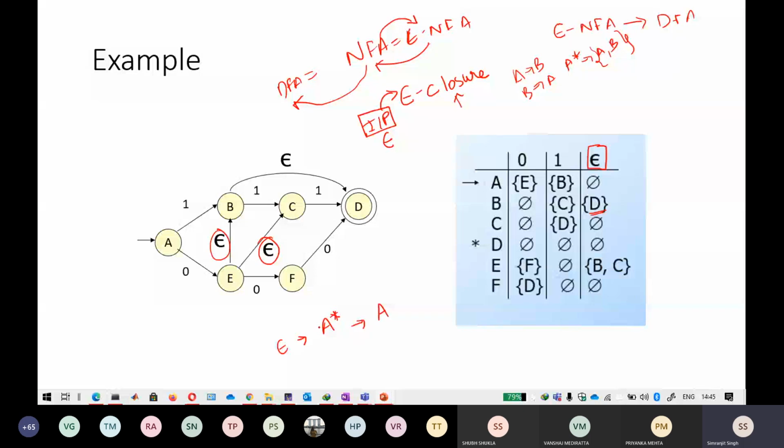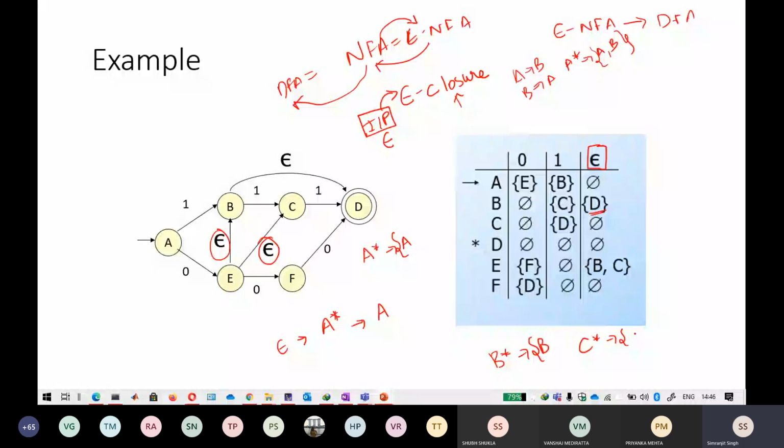Keep in mind that the closure of something includes the thing itself. If I talk about epsilon closure of A, A is always included in the closure set. If I say B closure, B will always be included in the closure set. C closure, C will always be included in the closure set. Keep that in mind.